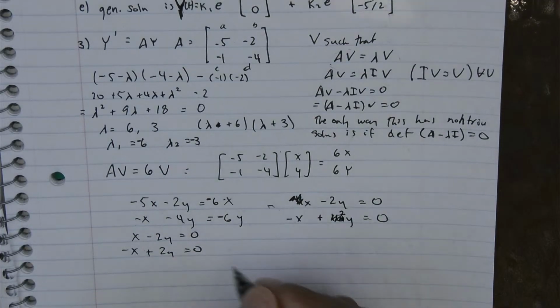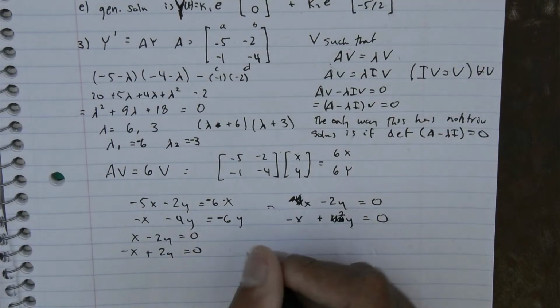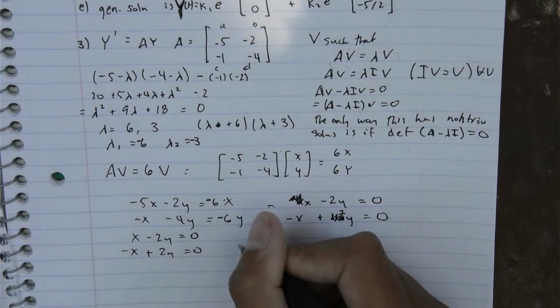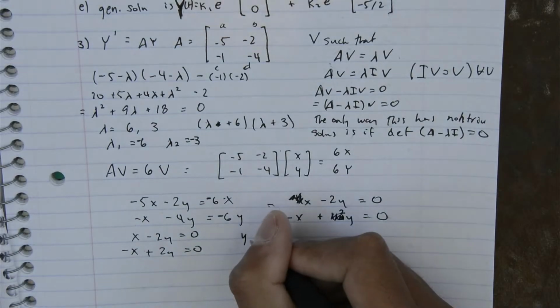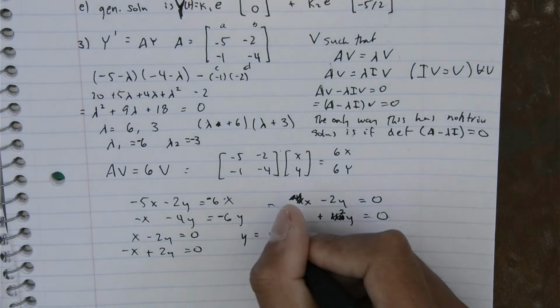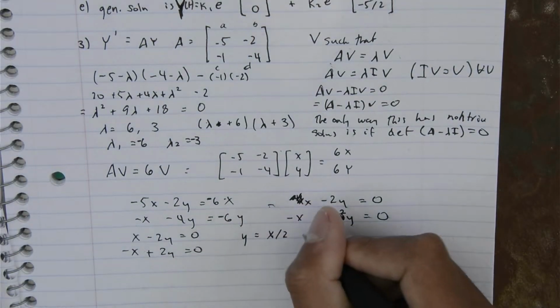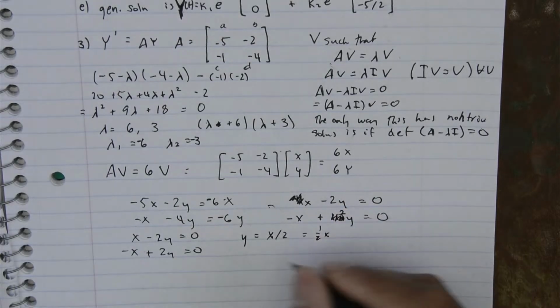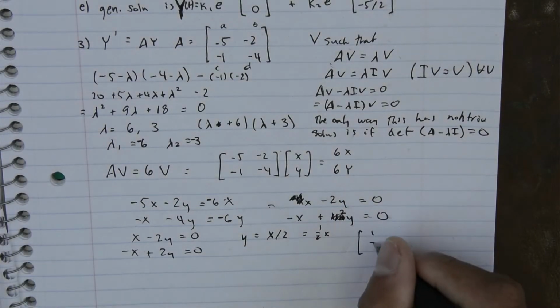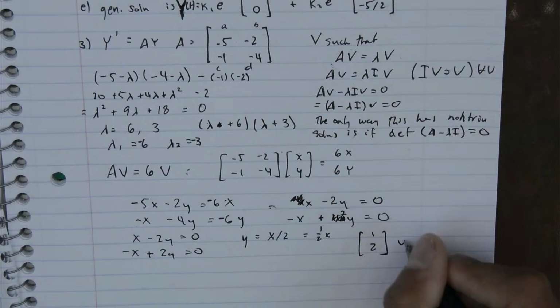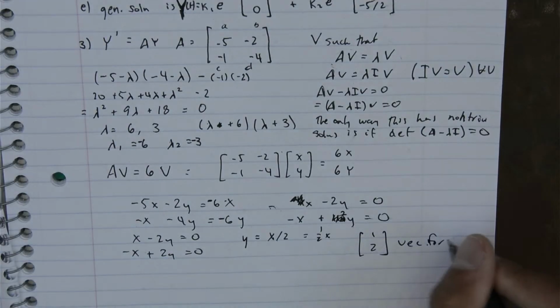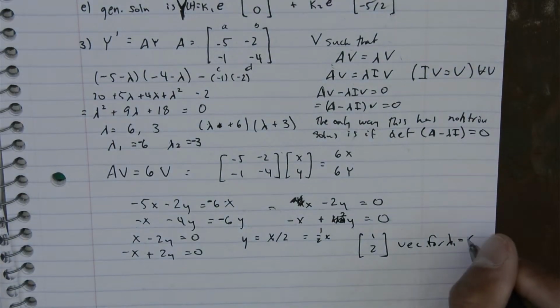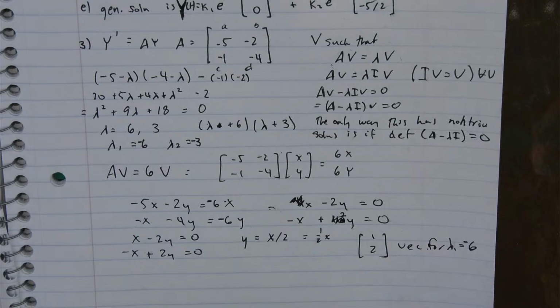And these are just scalar multiples of each other, right? So that means y is equal to x over 2, or 1/2 x. So if x is 1, then we get (1, 2) as the eigenvector. So this is the eigenvector for lambda 1 equals minus 6.